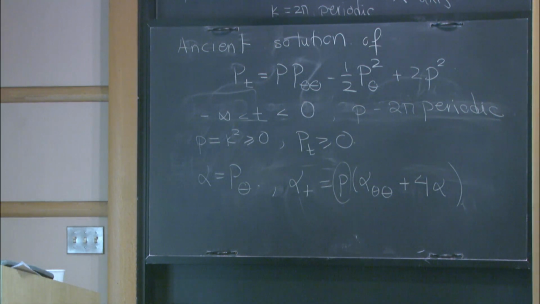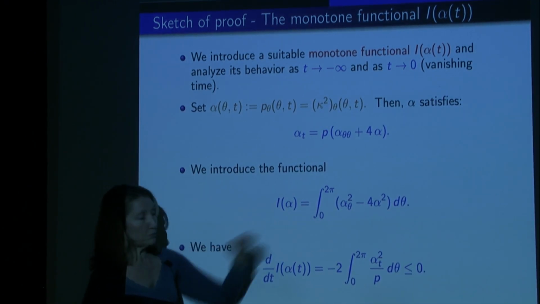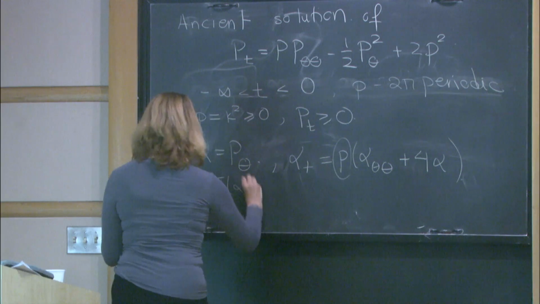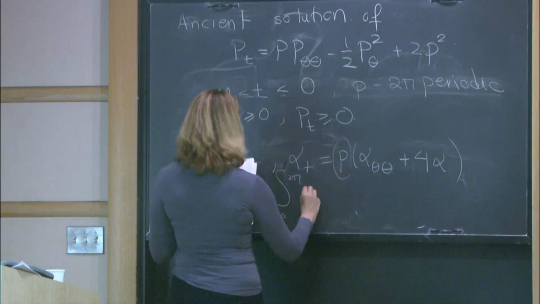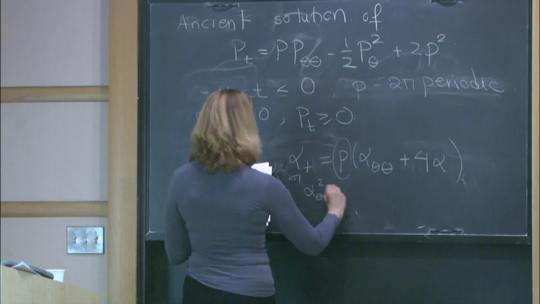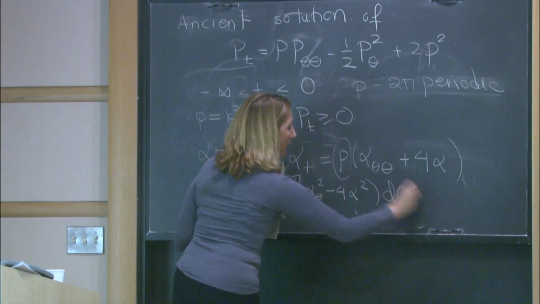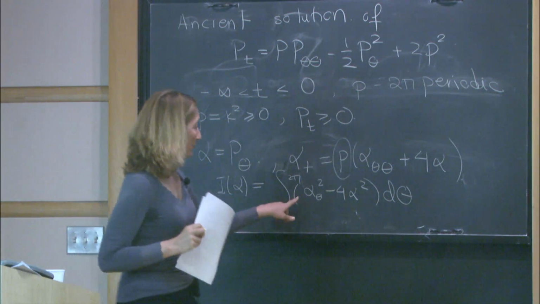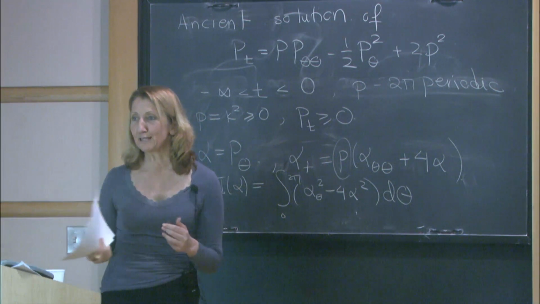And I define a very simple monotone integral, which will play the role of our Lyapunov functional, A of alpha, to be this. And you may say, how did you find this? Usually, we didn't talk so much about calculus of variations here.